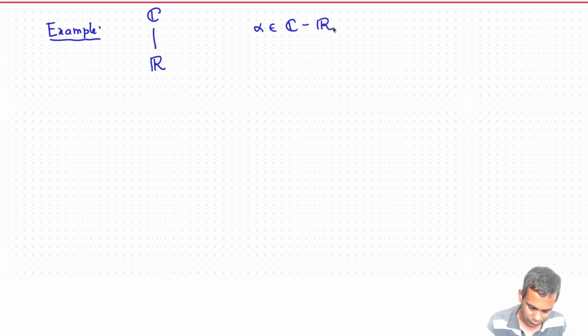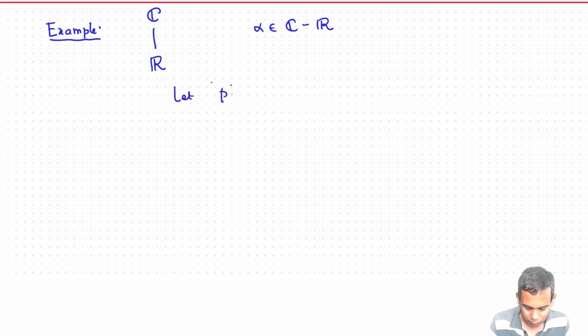So let's assume that alpha is a complex number that is not a real number, which means that alpha is not equal to alpha bar. Okay, and is this alpha going to be algebraic or transcendental? Well, I claim that alpha is algebraic. We'll find a polynomial with real coefficients that alpha satisfies. And that polynomial is, well, if you're used to solving quadratic equations, you can easily guess what the polynomial is.